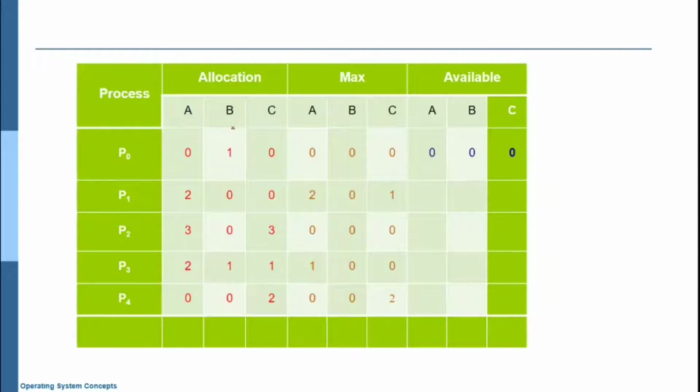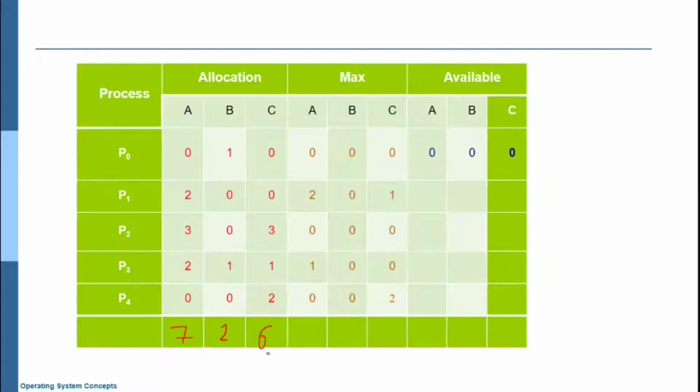For B, the total number of instances is 2. For C, it is 3 plus 1 plus 2. Altogether, resource type A has 7 instances, resource type B has 2 instances, and resource type C has 6 instances. How? 3 plus 3 is 6.